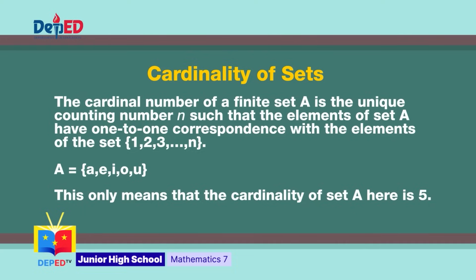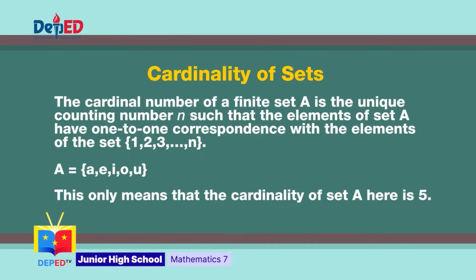For example, set A contains A, E, I, O, U. This only means that the cardinality of set A here is 5.